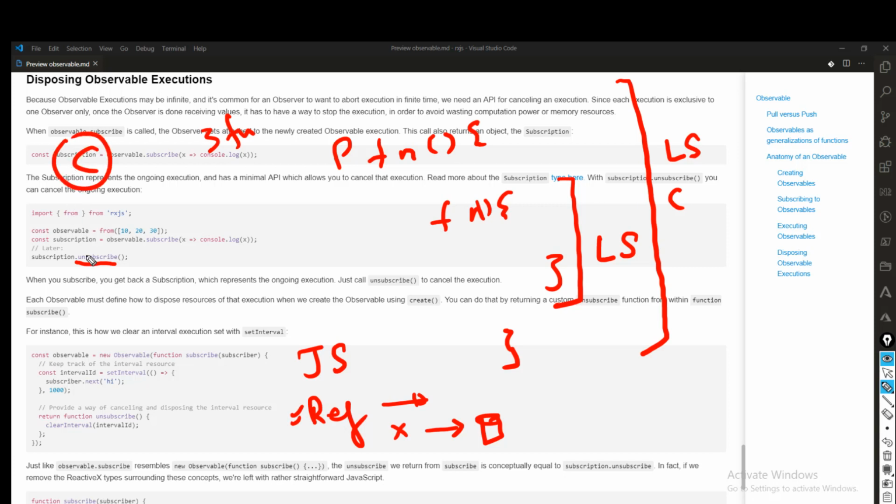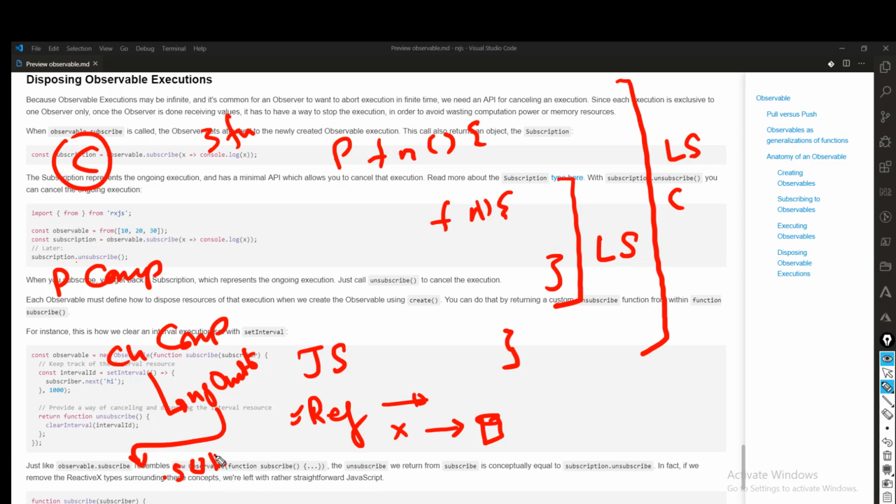What does that mean? So for example, you are in Angular. In an Angular project, you have a parent component and you have a child component. The parent component is calling the child component, and inside the child component you have ngOnInit, simple things, and inside that ngOnInit you have some .subscribes, like observable.subscribe many times inside it.